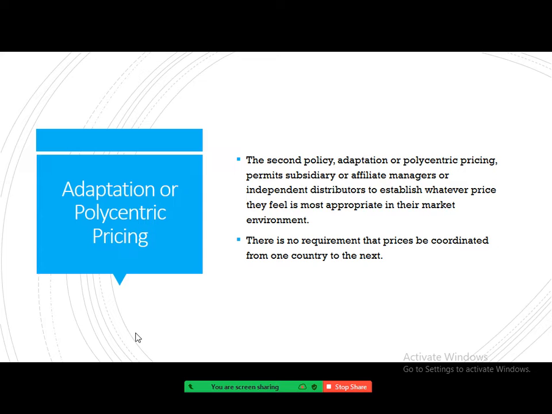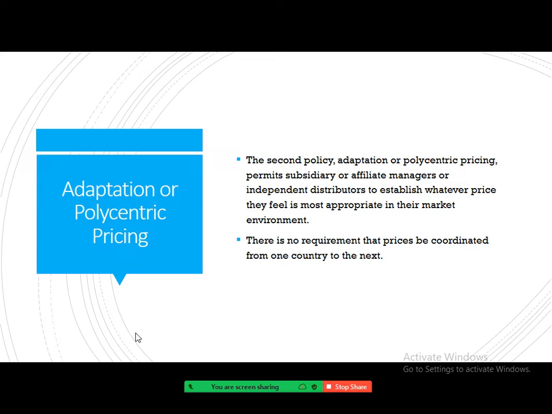One recent study of European industrial exporters found that companies utilizing independent distributors were most likely to utilize polycentric pricing. Such an approach is sensitive to local market conditions.